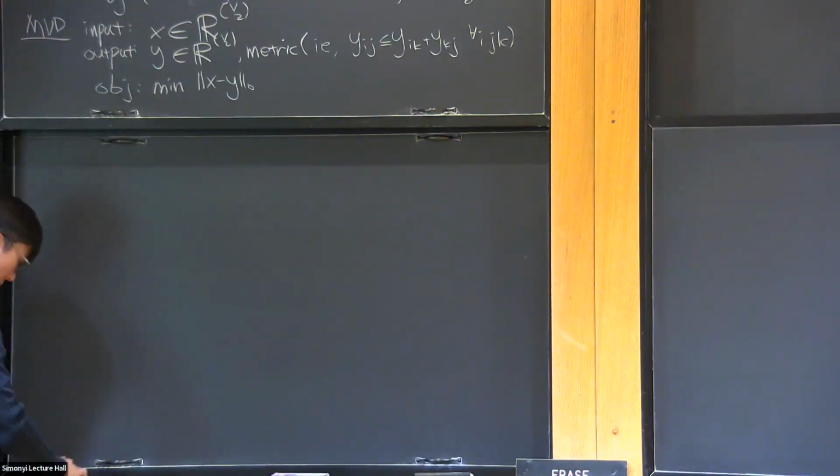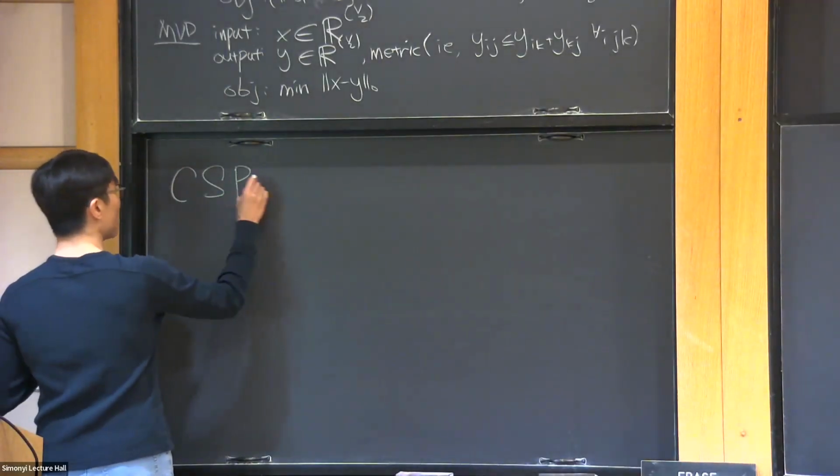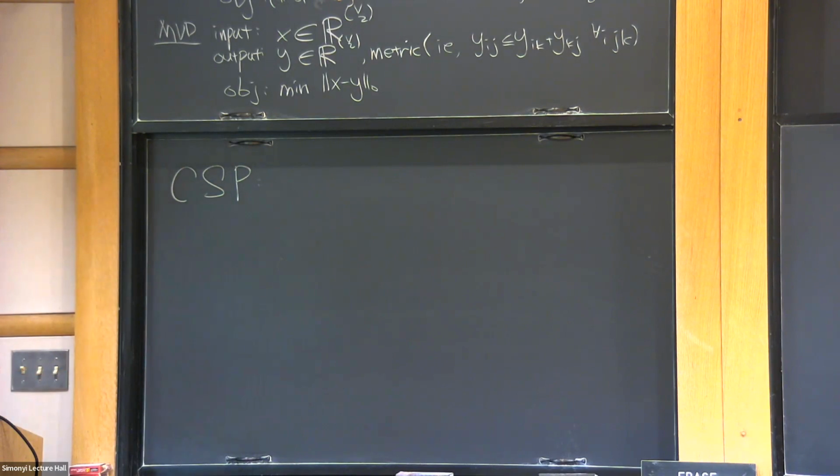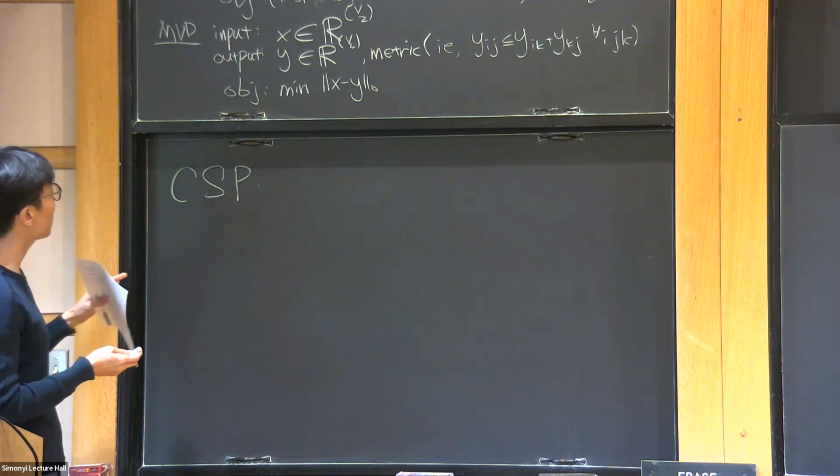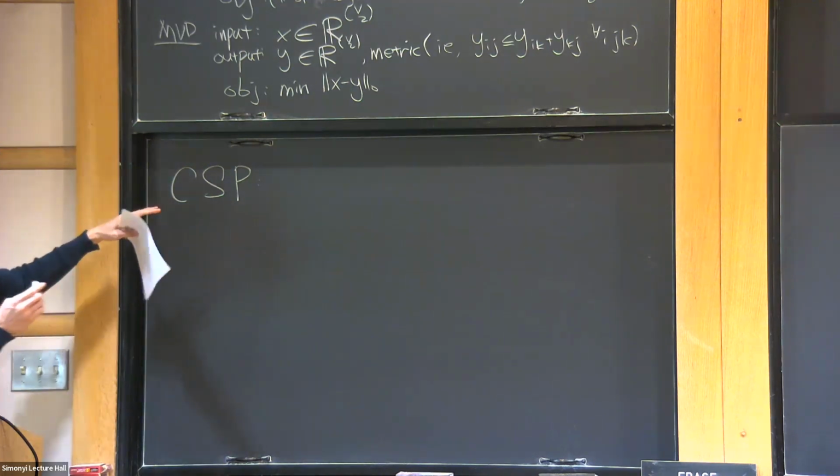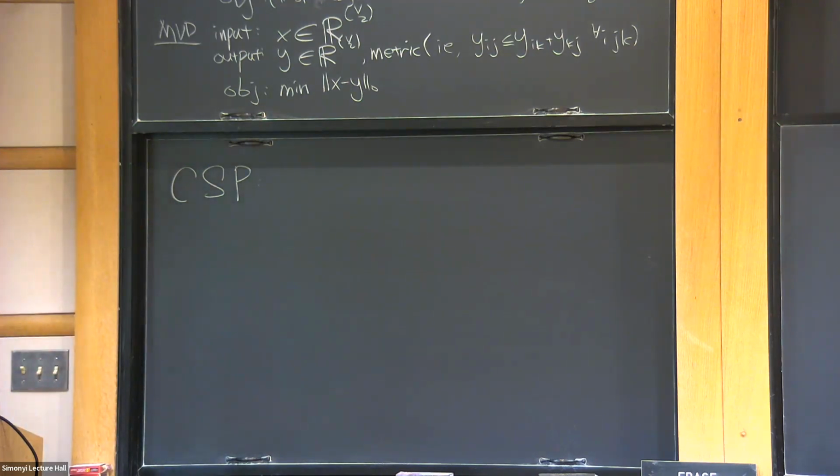Perhaps we're not going to do it formally, so let me be informal. One way to view these two problems is, in the CSP interpretation, to interpret each vertex as a variable.